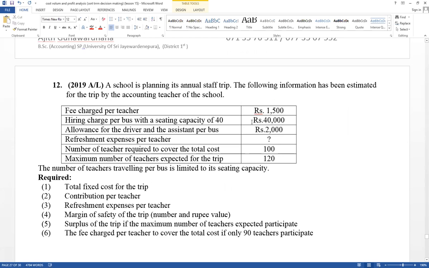Then see the requirements. Read carefully. (2019) paper, 20 marks.